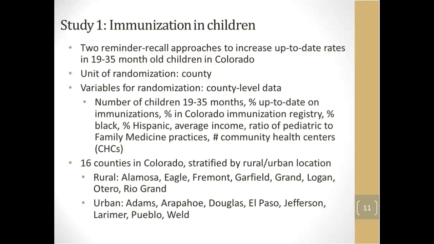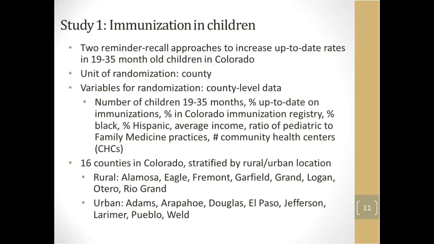And it included the number of children in that age group in each of these counties, the percent who are up to date on immunizations, pardon me, the percent who are actually in the Colorado Immunization Registry. Then we had some socio-demographic data in there, percent Black, percent Hispanic, average income of the county, and the ratio of pediatric to family medicine practices in the county, and then finally the number of community health centers in the county.